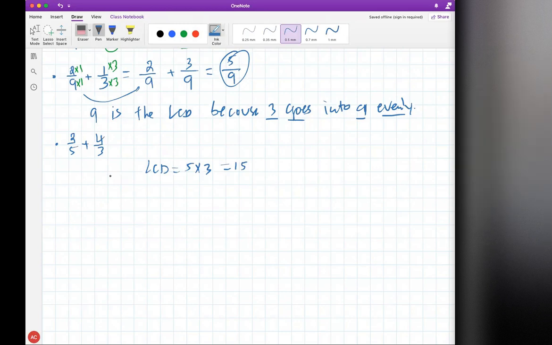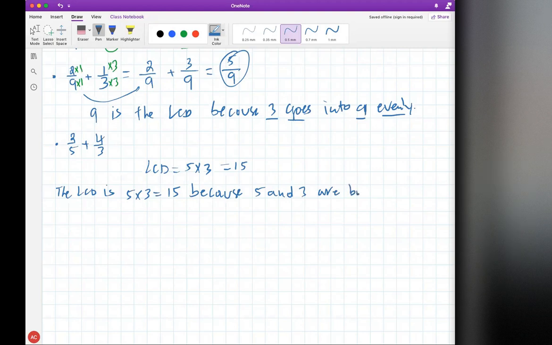So what I was saying is the LCD is 15. In other words, it's 5 times 3, because 5 and 3 are both prime.